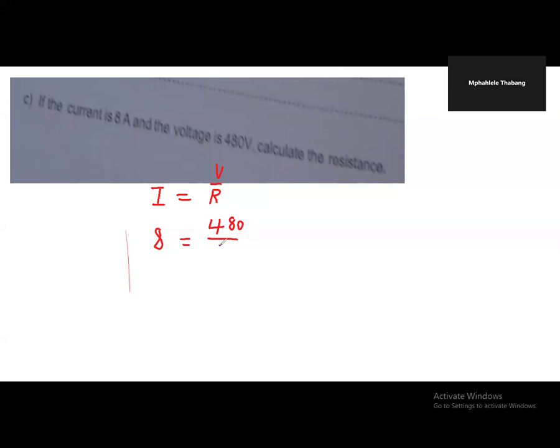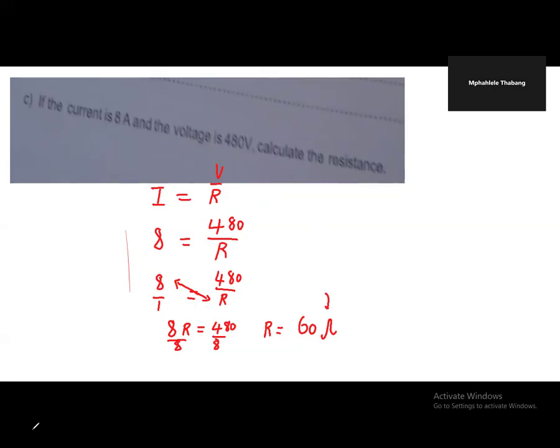You can cross multiply: 8 over 1 is equal to 480 over R, so 8R is equal to 480. Divide both sides by 8. The resistance is 480 divided by 8, which is 60. That is your resistance, 60 ohms. You write the unit. So that was 1.2C.